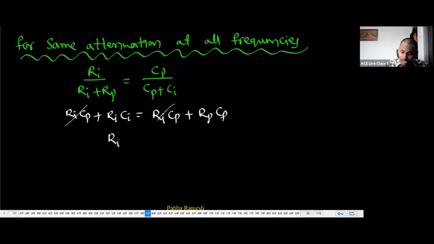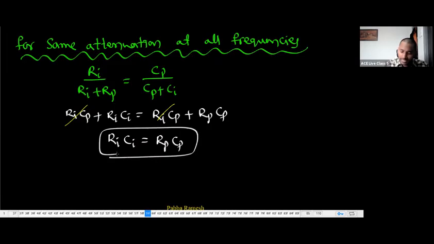What is the answer? RiCi should be equal to RpCp. If this condition is satisfied, then you operate at low or high frequency, no need to worry, the voltage drop will be the same. That is, attenuation is the same, but according to the frequency, the corresponding time period will be changing.